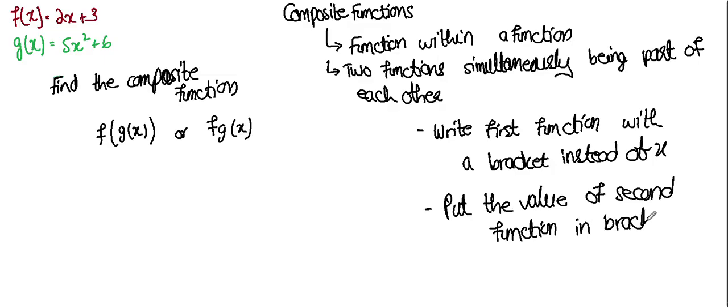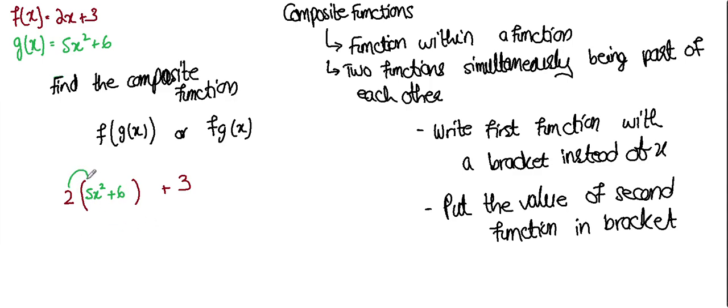What do we mean by that? Let's have a look. The first function in our case is f, right? What we will do is that we will write this function as 2 times a bracket plus 3. Okay, first things first. Then we will put the value of the second function in the bracket, 5x squared plus 6, like this.